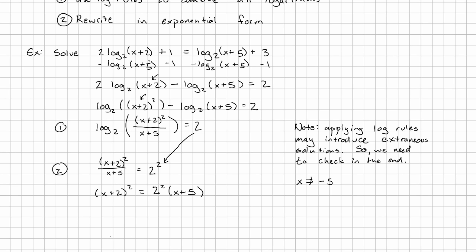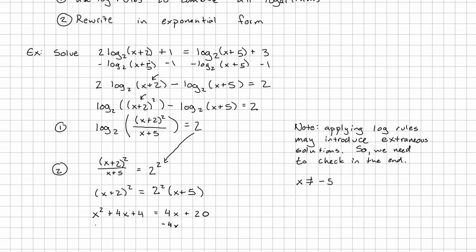Okay, so now this is going to be a polynomial equation. In order to solve this, we first need to multiply out and get all the terms on one side. So let's see. On the left, we'll have x squared plus 4x plus 4. On the right, 2 squared is 4, so we'll have 4x plus 20.